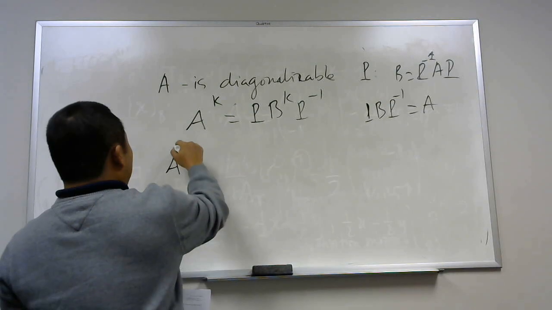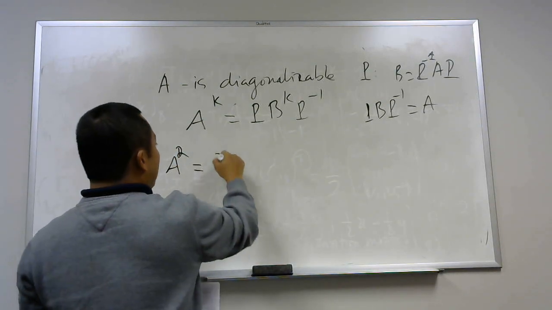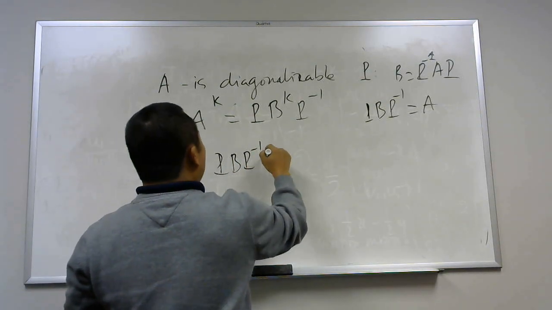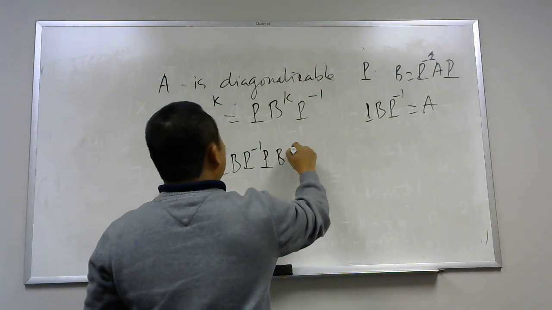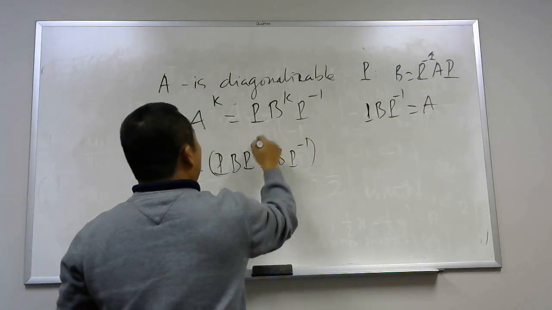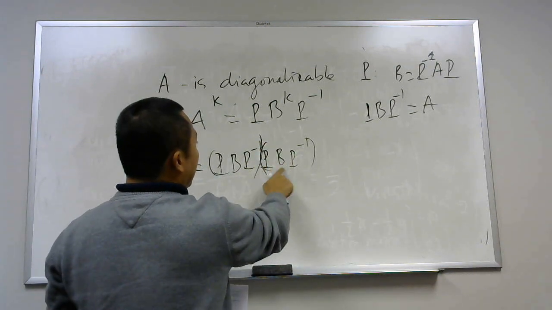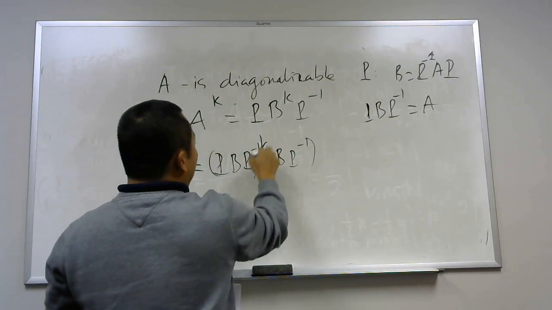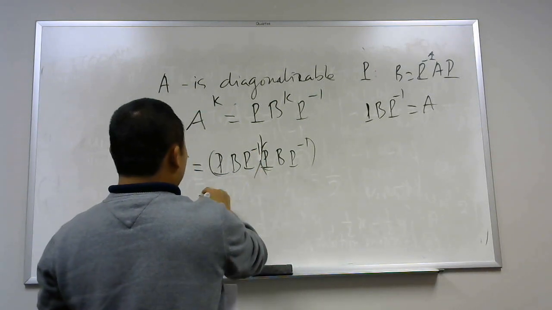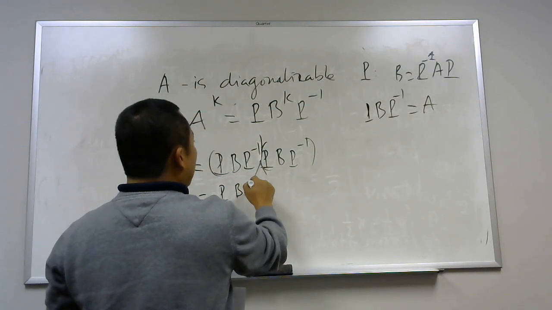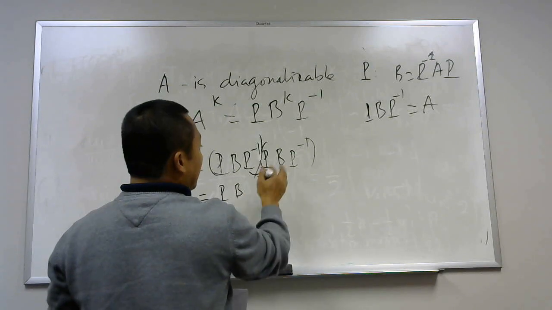So what is A^k? Let's say A squared. A squared is P B P^(-1) times P B P^(-1). I just multiply A twice. See, this is A, this is A, and inside I have P^(-1) and P. This guy is just the identity, so I don't write it.